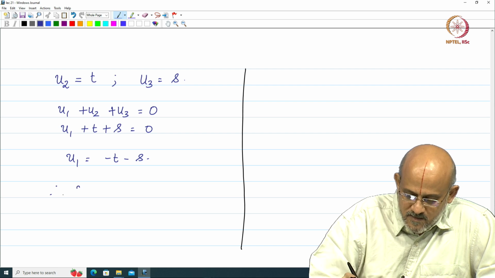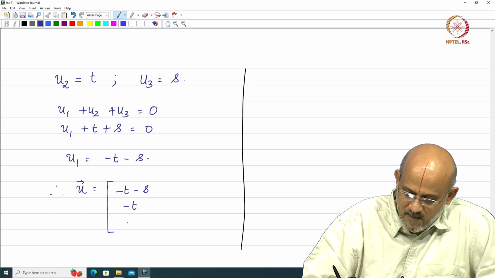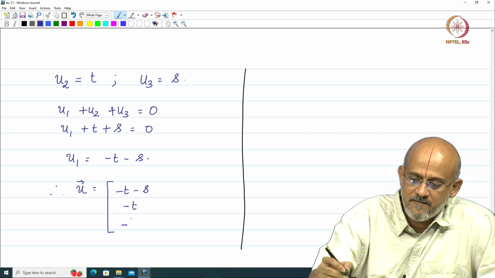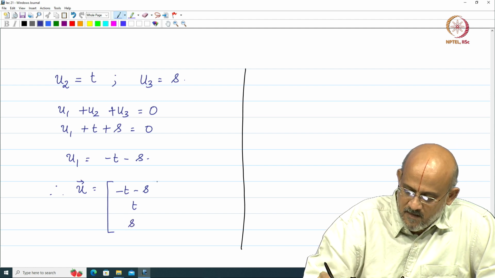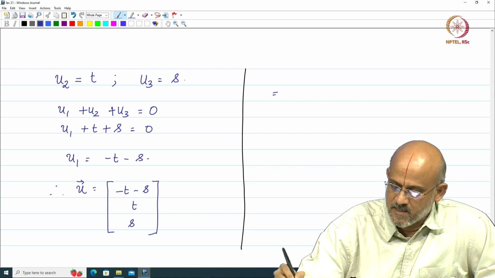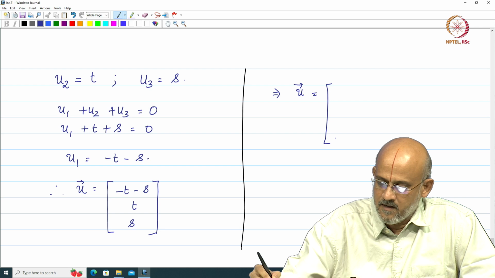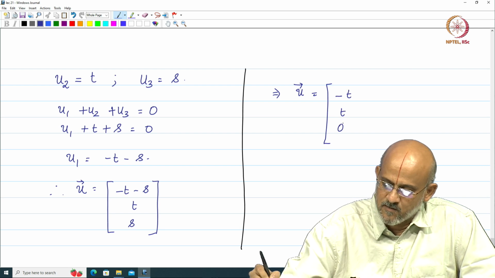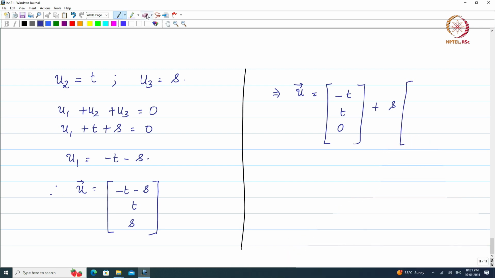Therefore, the vector which is orthogonal to this vector is going to be of the form minus t minus s, t and s. I can write this as u equal to minus t, t, 0 plus minus s, 0, s.